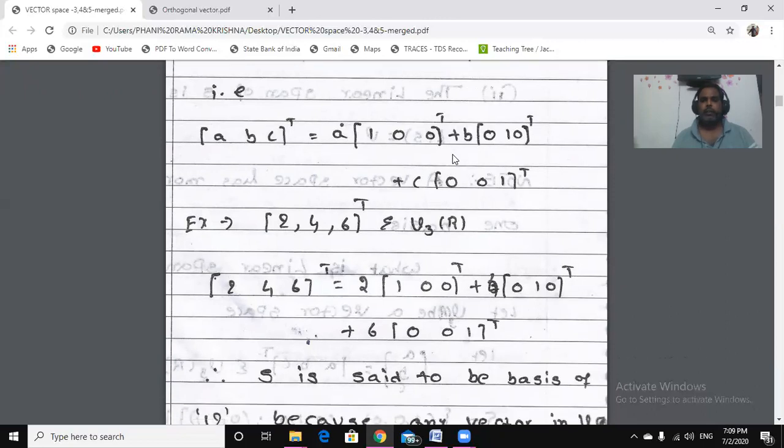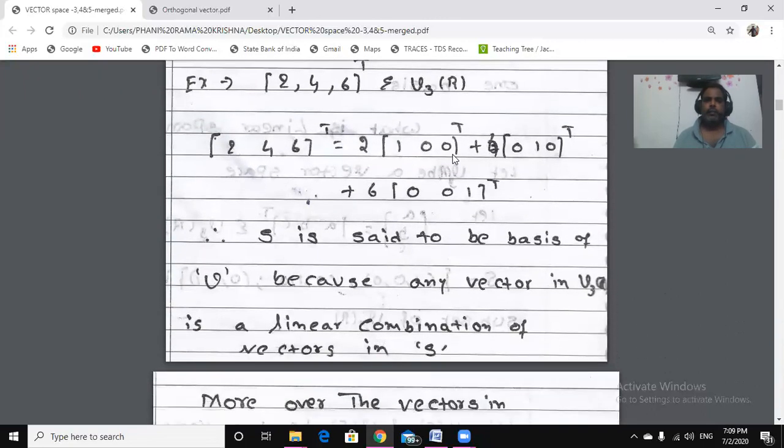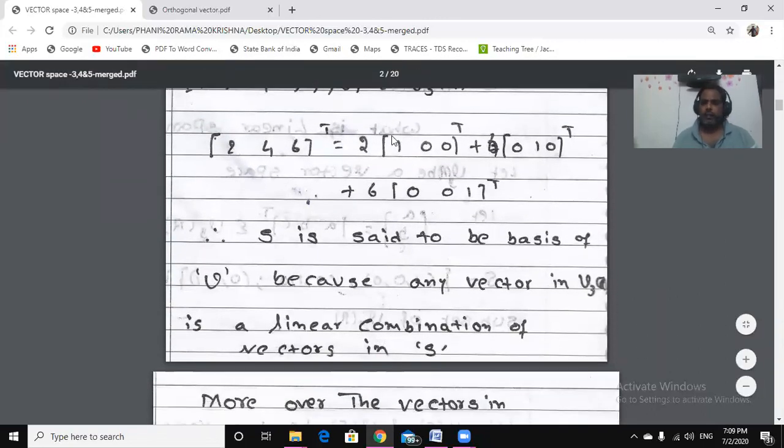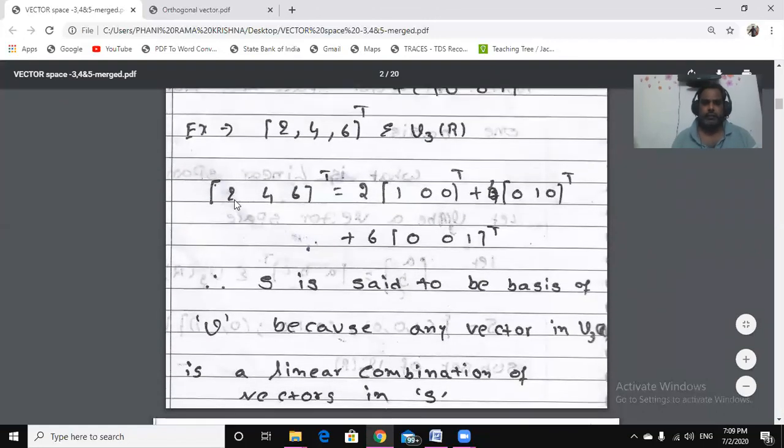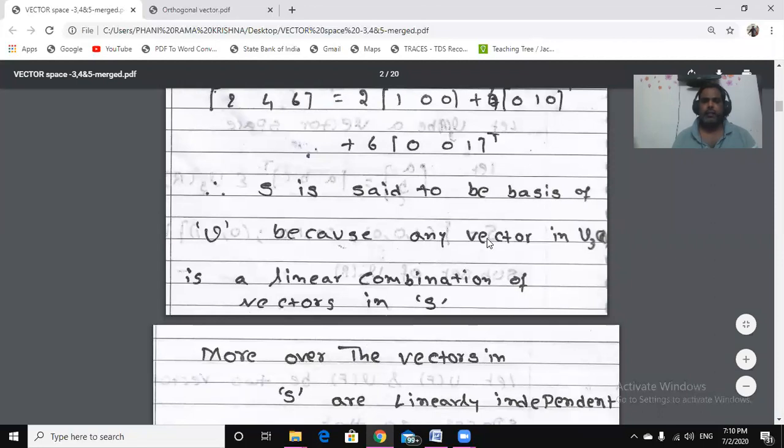One more example: (2, 4, 6) is a vector in this vector space. I write it as 2 times the first vector plus 4 times the second vector plus 6 times the third vector. So it generates the required vector.